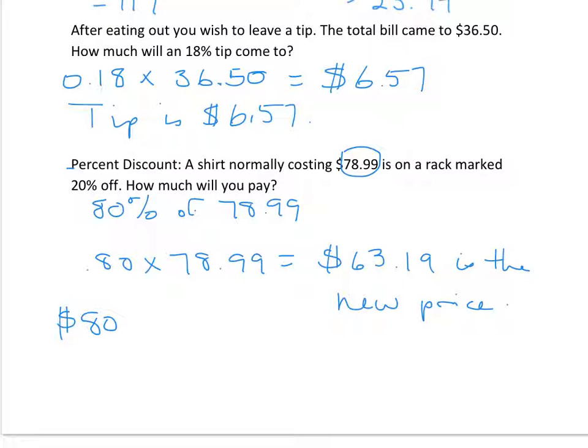A 20% discount is a 10% discount twice. 10% of a number is 1/10 of it, so we could subtract $8, which is 10%, giving us 72, and then we could subtract $8 again to get to the 20% and get 64. So that would be an estimate of the price. Here's the actual calculation of the new price.